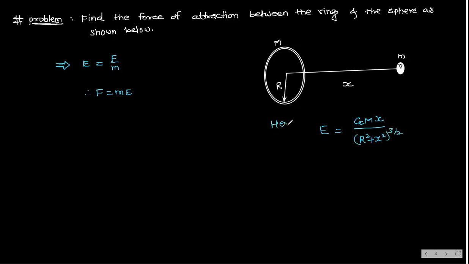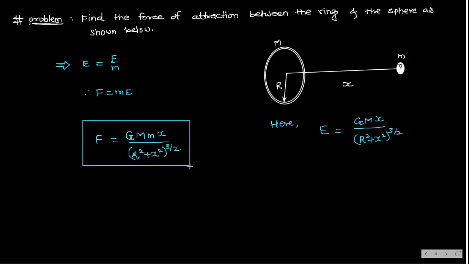So here E is equal to this. Agree with me? And now you have to find the force, so what will be the force? m into E. So shall I write directly like this? G capital M small m into x divided by R square plus x square whole power 3 by 2. Yes or no? Clear? Understood? Yes, sir.